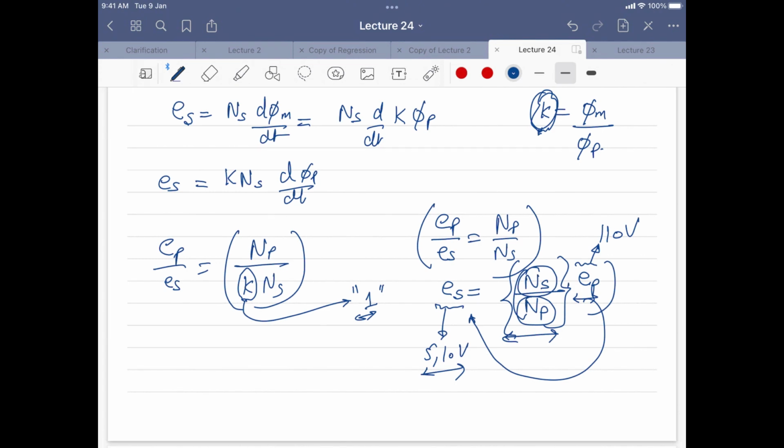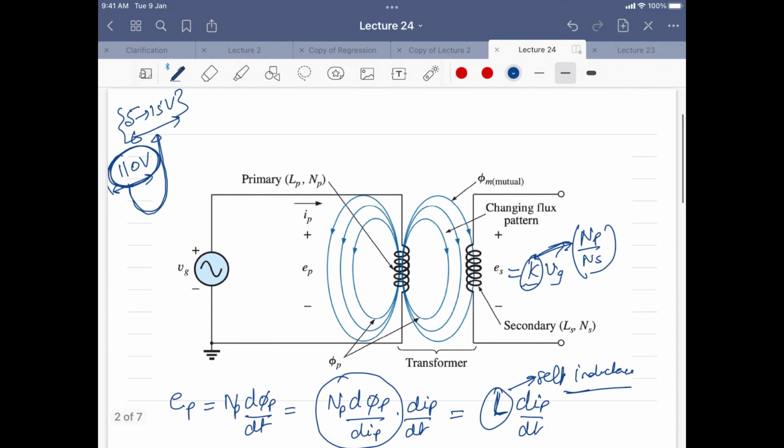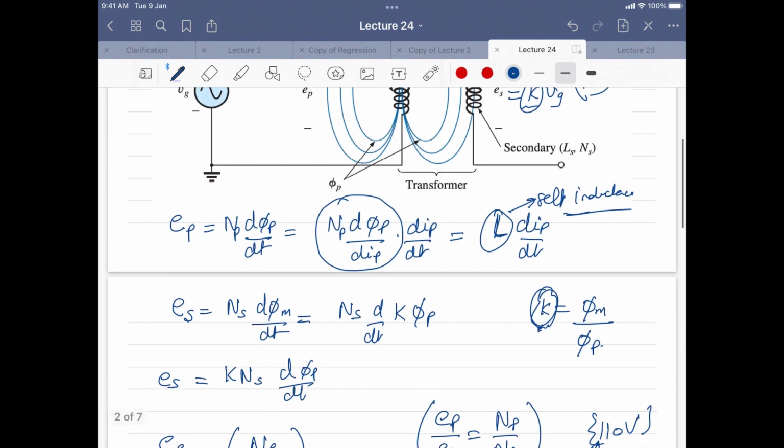This is the way we generate a downscaled voltage from the higher voltage given to us, based on the number of turns. So the main idea behind transformers is to downscale the voltages. I have given you a brief introduction of that.